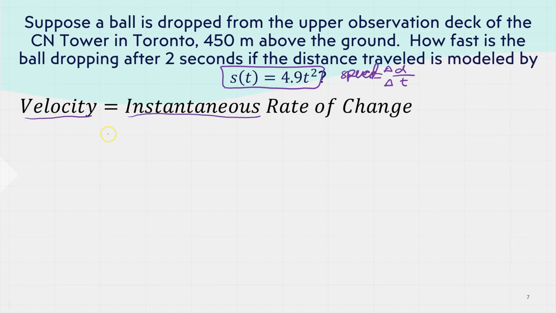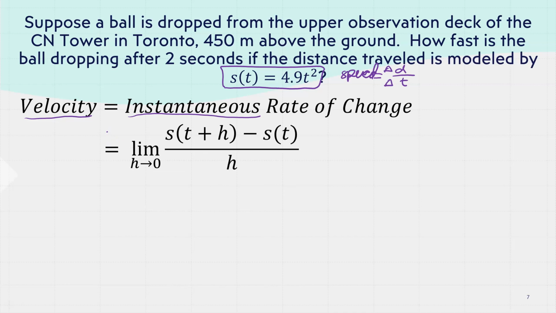Okay, so here the velocity would equal the limit as h goes to 0 of s of t plus h minus s of t divided by h. The same definition of the slope of the tangent line.